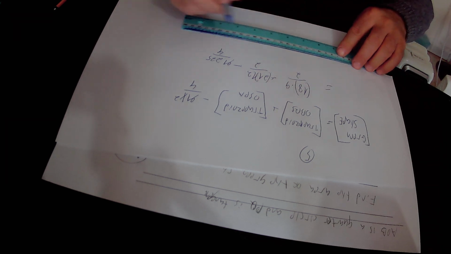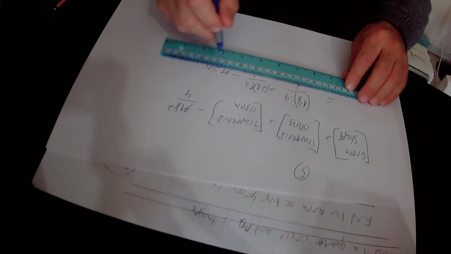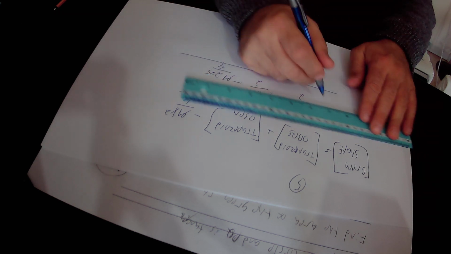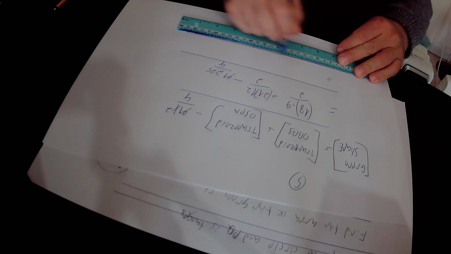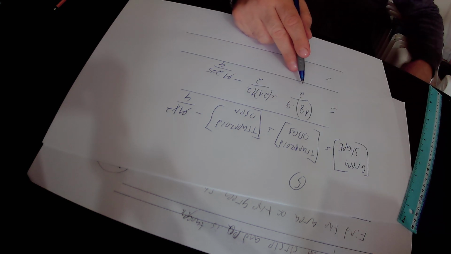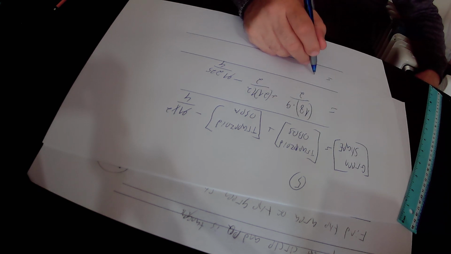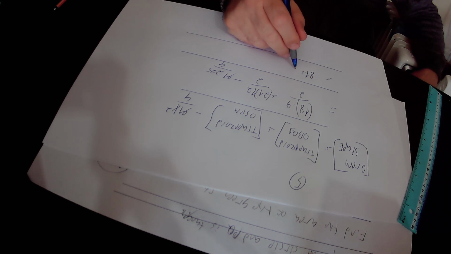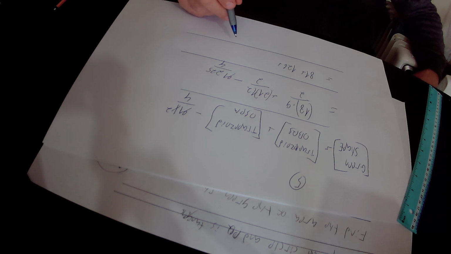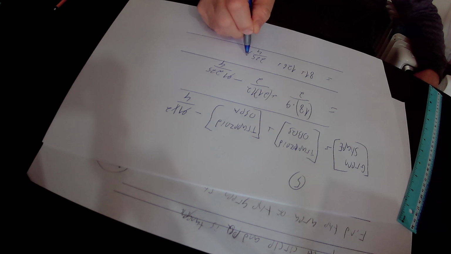So the area of the green shape in total will be equal to: 18 over 2 is 9, and 9 times 9 is 81, plus 12 over 2 is 6, and 6 times 21 is 126, plus 225 over 4 times pi.